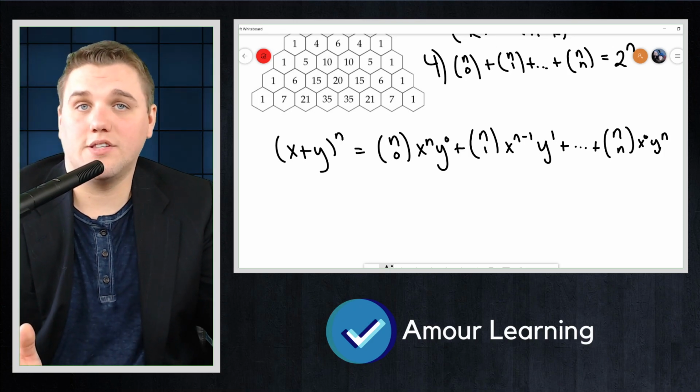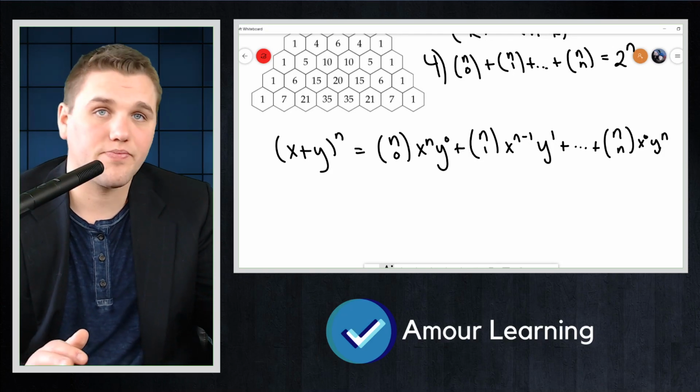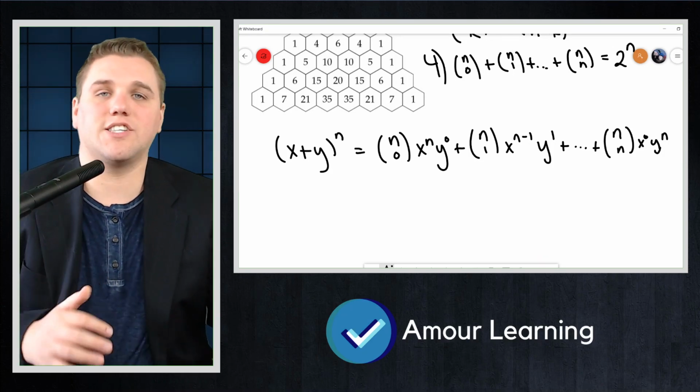So that was something about the binomial expansion of x plus y to the n. Now, this is true for all x and y, all integers x and y.